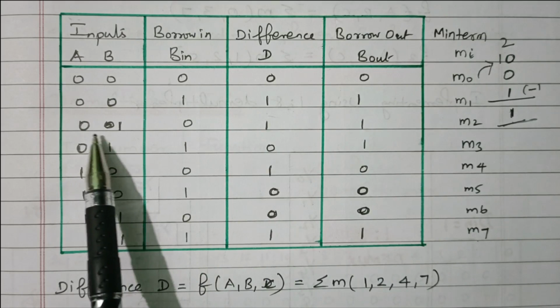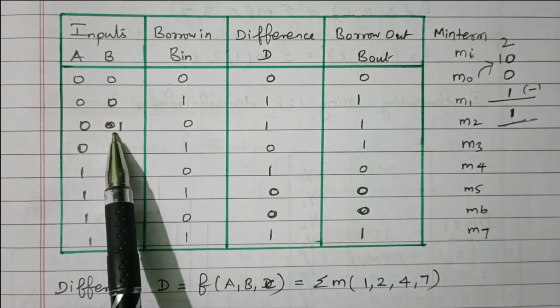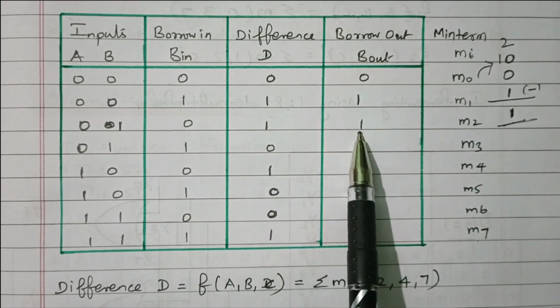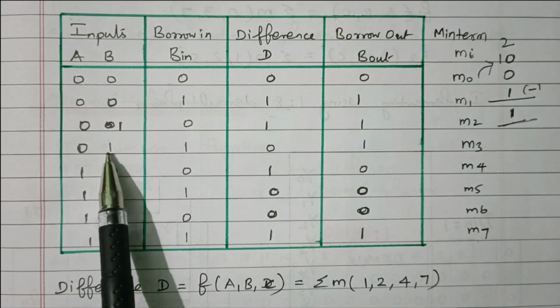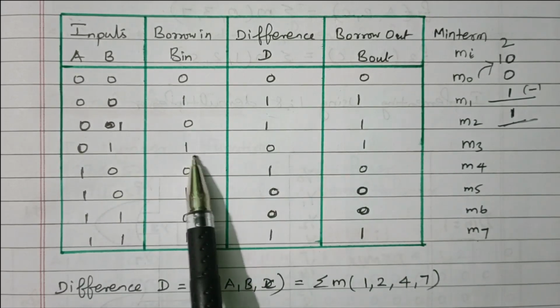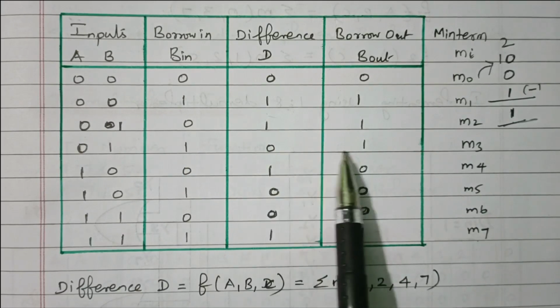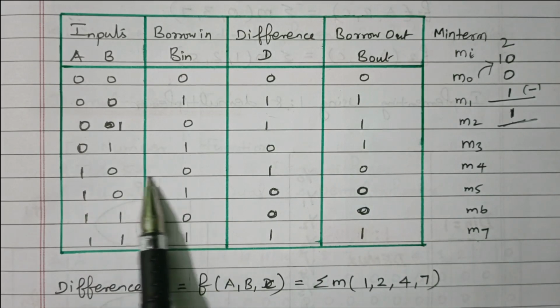Here it is the same thing, 0 minus 1. The next third one is 0 already, so no problem. So 0 minus 1 means 1, 1. Difference is 1 and borrow also 1. Here 0 minus 1 means difference is 1 and borrow is 1, but here one more 1 is there. So this 1 minus 1 becomes 0. Only borrow is 1.